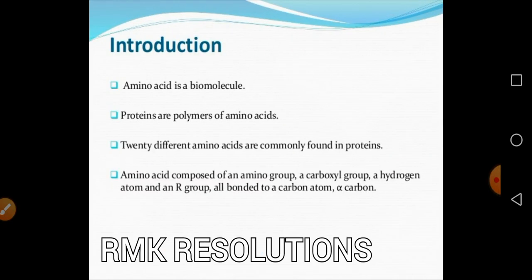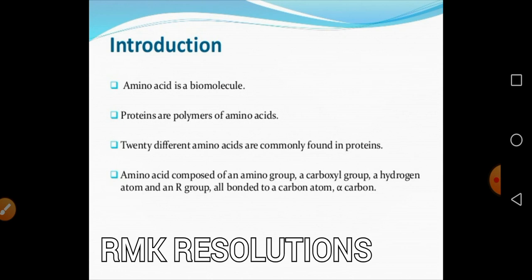Amino acid, as I said, is the important part of proteins, which are very important biomolecules in nature. And protein is the polymer of amino acids. Polymer means monomers joined together to form a polymer.